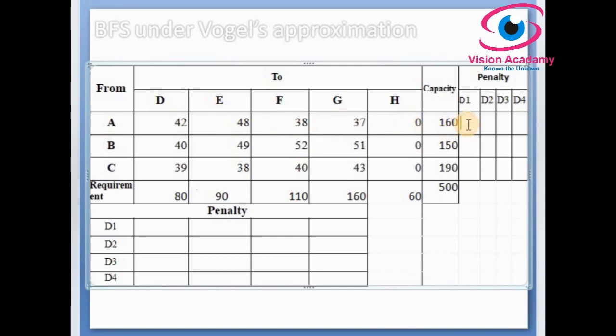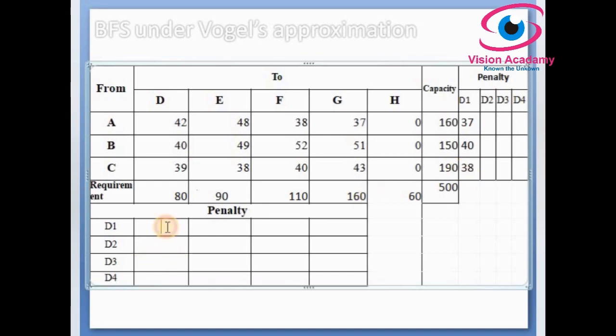The difference is 37 minus 0, 37. Secondly, again 0 and the second least cost is 40. The difference is 40 minus 0, exactly 40. And again 0 and 38, 38 minus 0, it is 38 only.